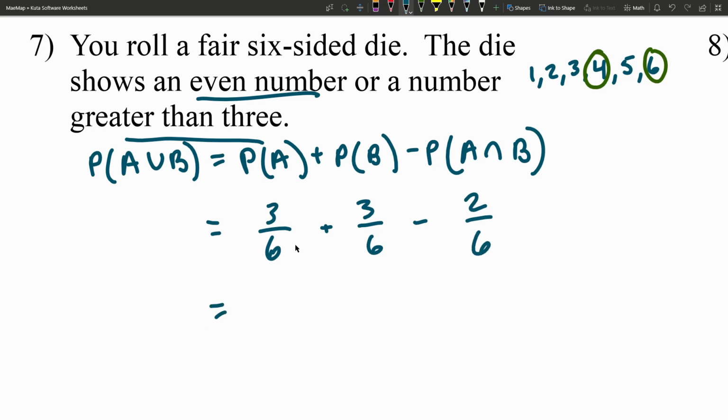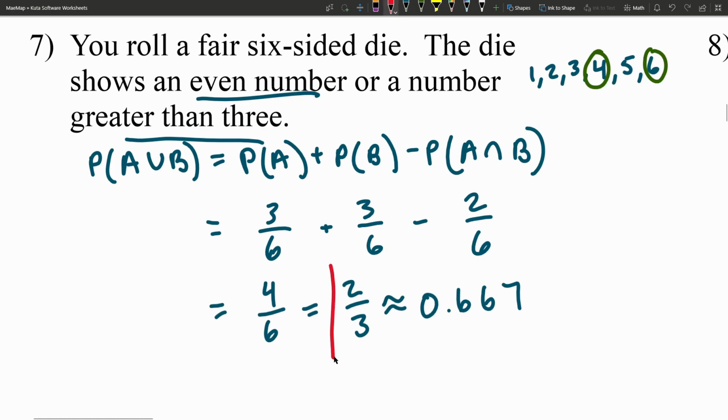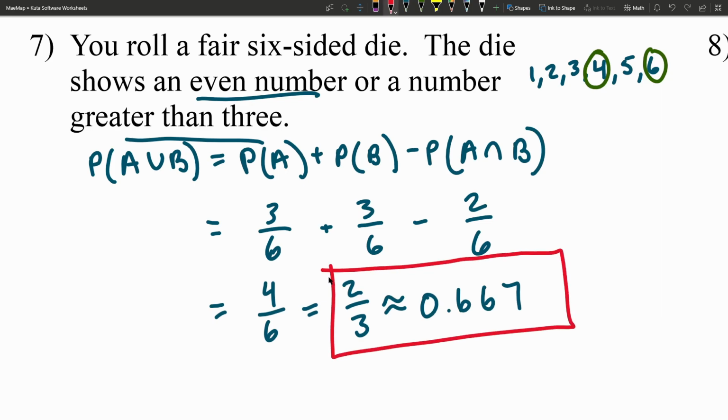Now, we'll just add everything up since we have that common denominator. 3 plus 3 is 6, minus 2 is 4, so we get 4/6, which is equal to 2/3. When we calculate that decimal, it's 0.6 repeating, which will round to 0.667. And that's the probability for number 7.